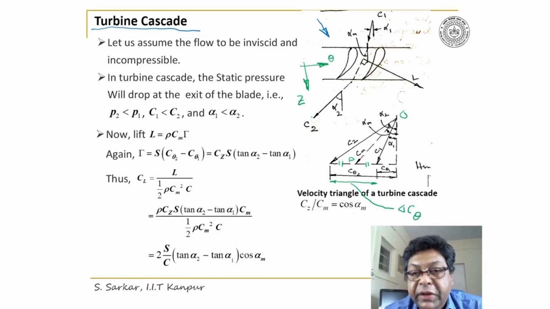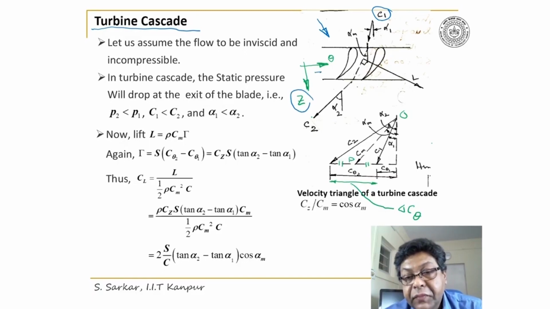Here C1 is the inlet velocity that makes an angle alpha 1 with the z-axis. Here the z and theta axes have been indicated. And C2 is the exit velocity which makes an angle alpha 2 with the z-axis.